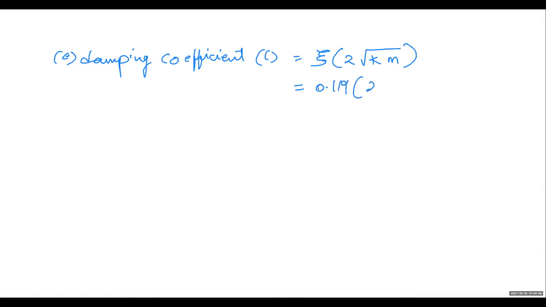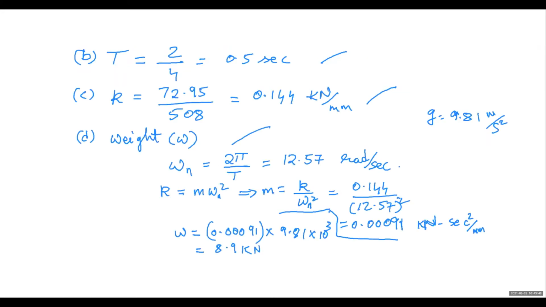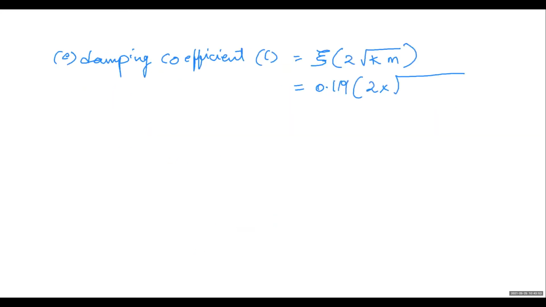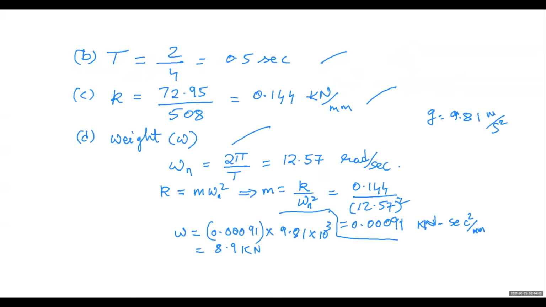0.119 into 2 into root over K. K is 0.144 into mass. So we have here mass equals this one, 0.0091.